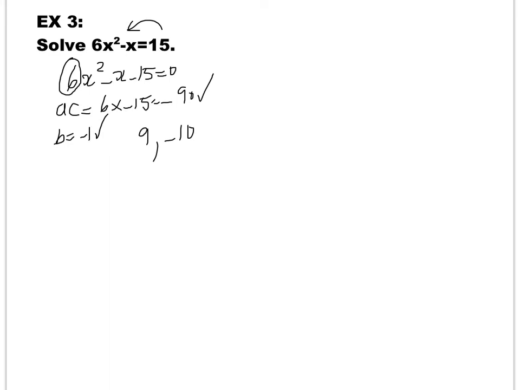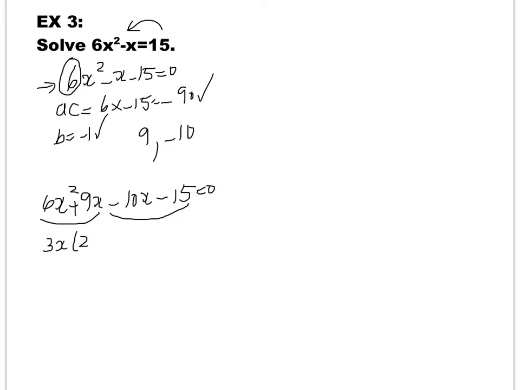So I can rewrite this one as 6x squared. Instead of negative x, I write 9x minus 10x, which gives me negative x, minus 15. Now I take these two and these two together. From the first two, I can factor out 3x, and I get 2x plus 3, minus the second one.